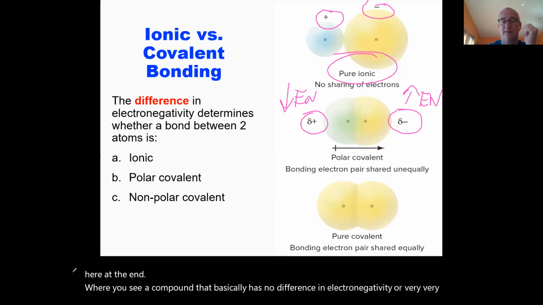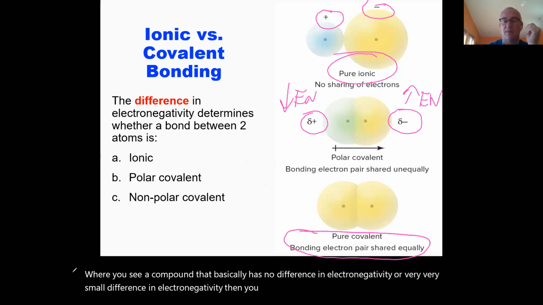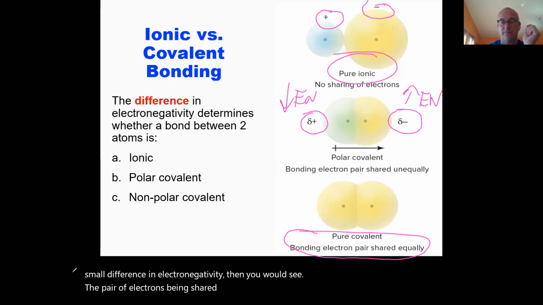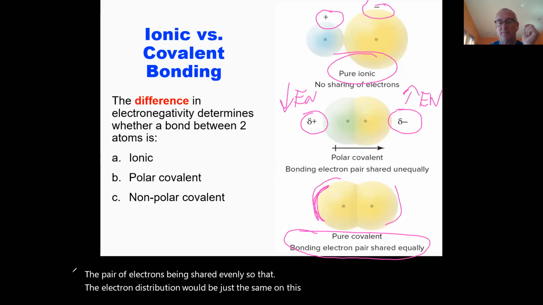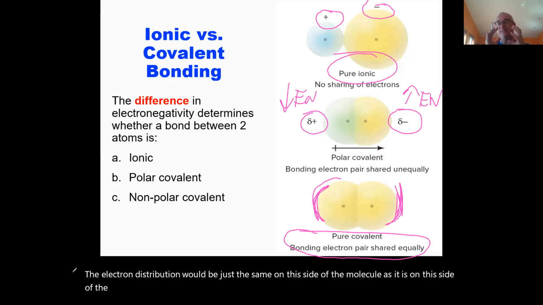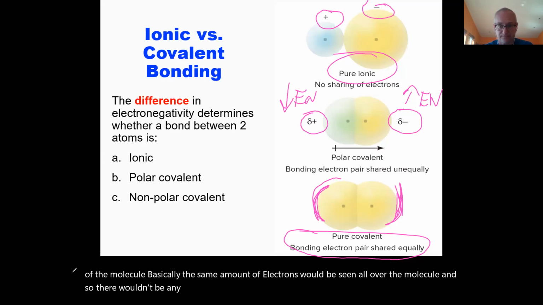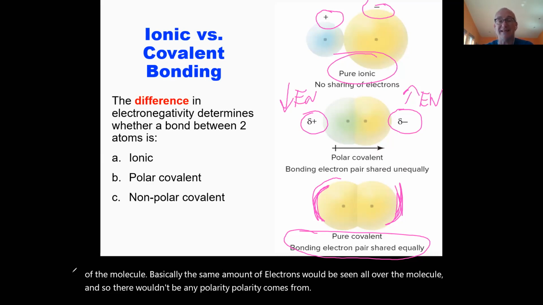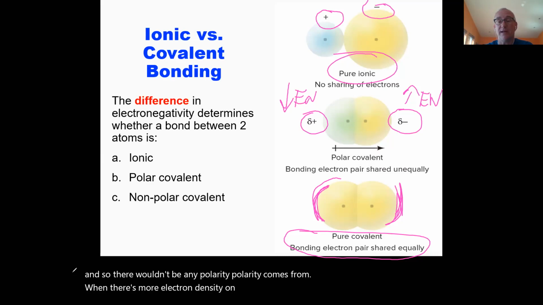Then you would see that pair of electrons being shared evenly, so that the electron distribution would be just the same on this side of the molecule as it is on this side. Basically, the same amount of electrons would be seen all over the molecule, and so there wouldn't be any polarity. Polarity comes from when there's more electron density on one side of the molecule than the other.